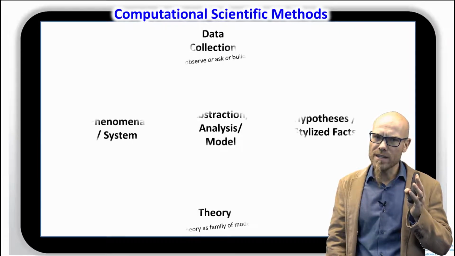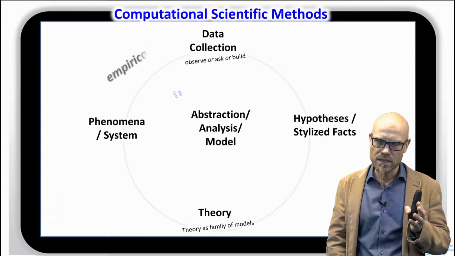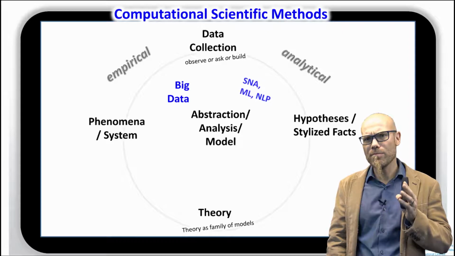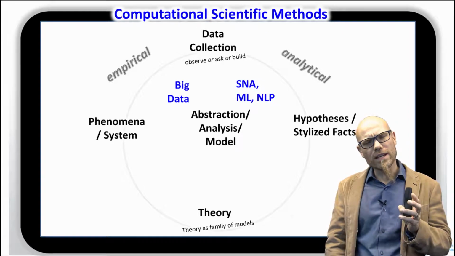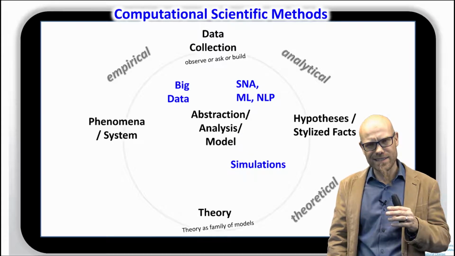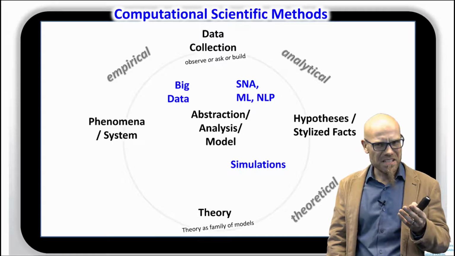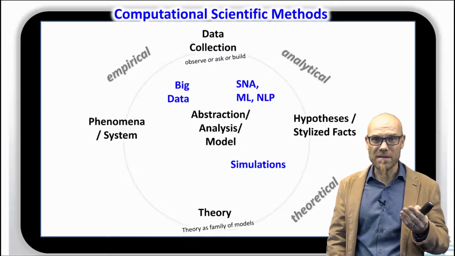You can throw empirical data into it. You can do a lot of analysis and hypothesis testing. And you can do theory about realities that never existed in history, but you could imagine them.